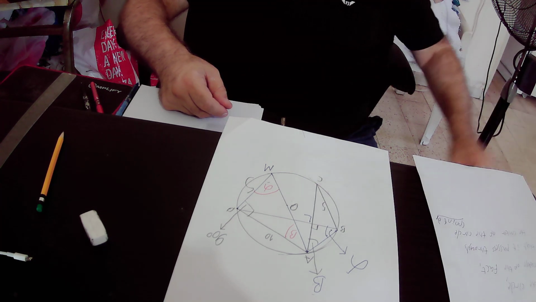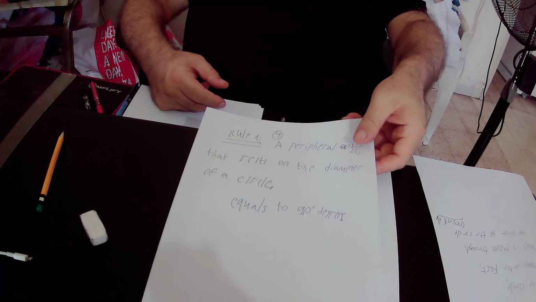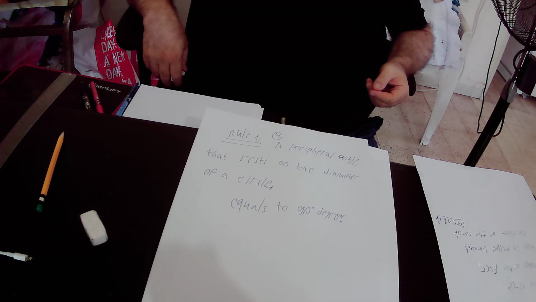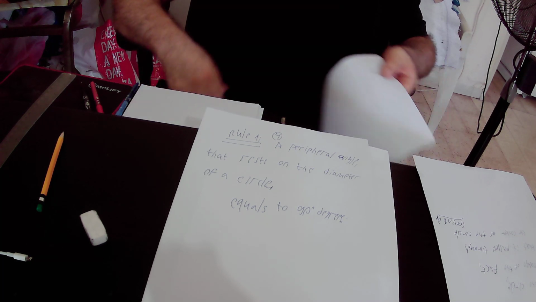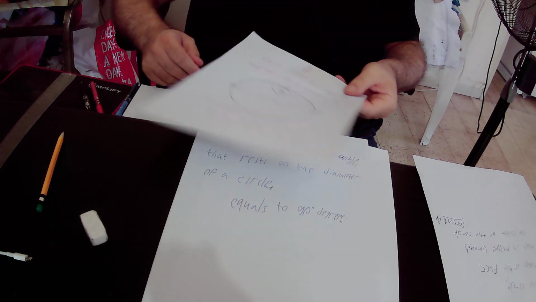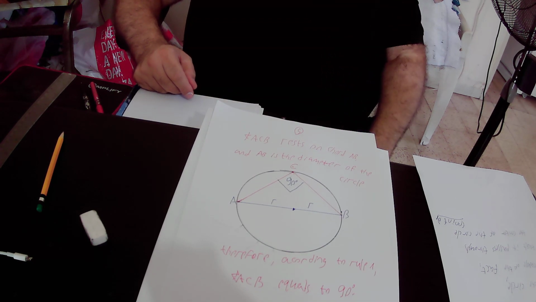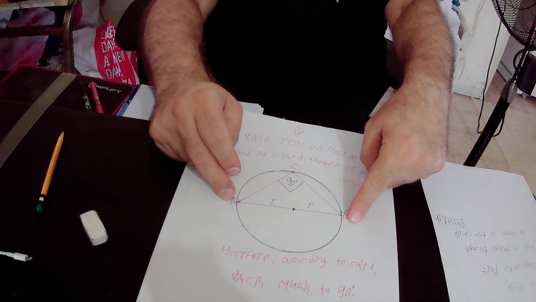We have rule number 1 that states that a peripheral angle that rests on the diameter of a circle equals 90 degrees. So actually we have an example of a peripheral angle. Suppose that chord AB is the diameter of this circle.